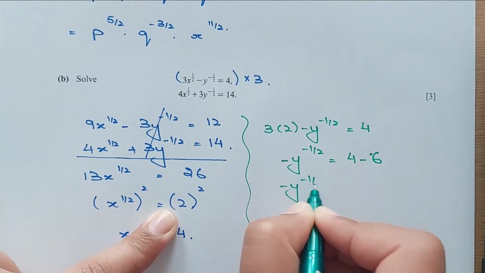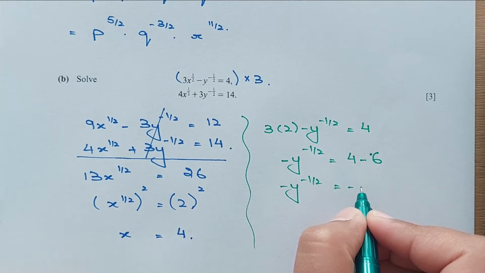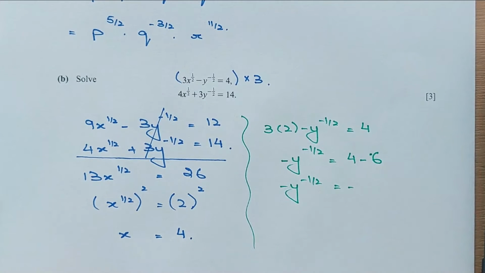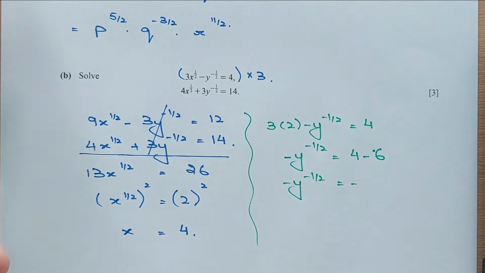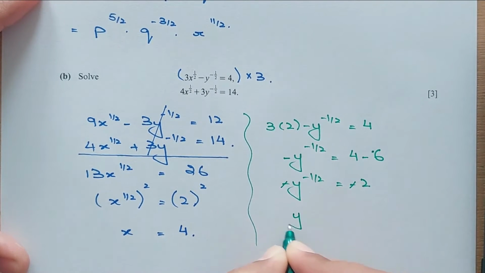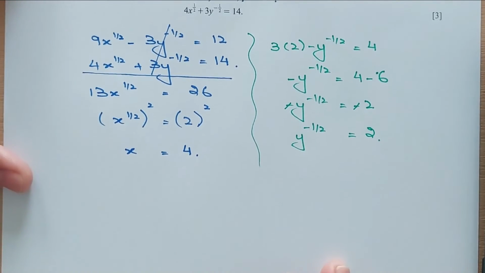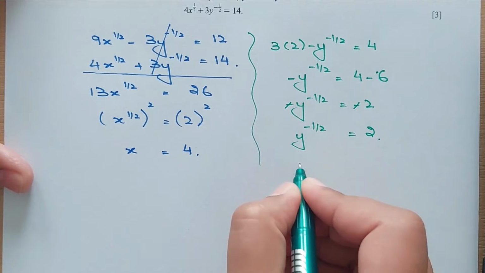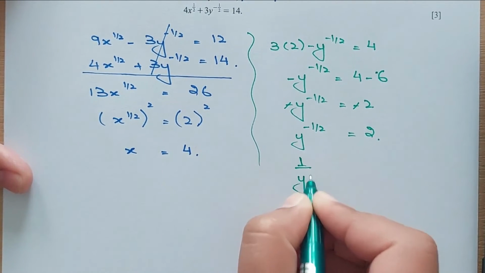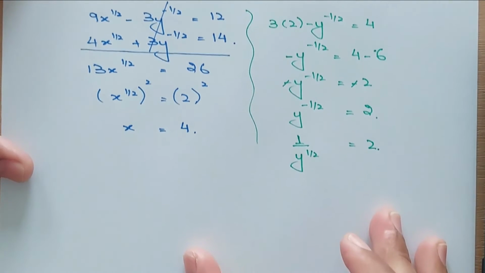Minus y^(-1/2) equals, okay, this is minus 2. Now cancel the two negative signs on both sides. y^(-1/2) is equal to 2. So what is y^(-1/2)? This is basically 1 over y^(1/2). This is equal to 2. And now we take the reciprocal on both sides.